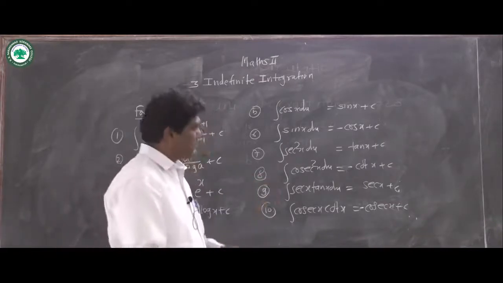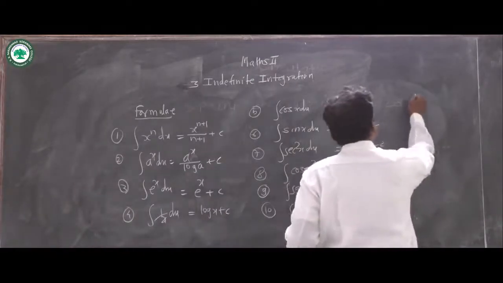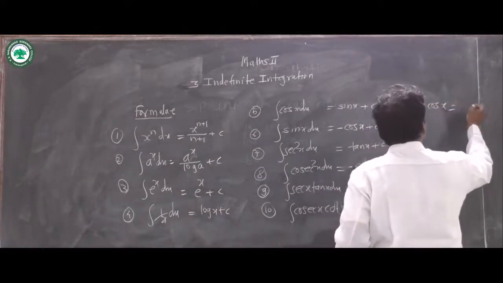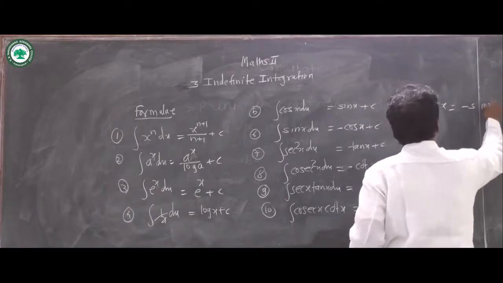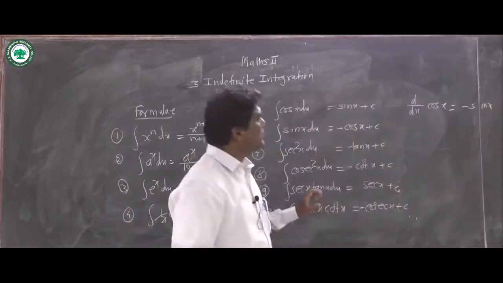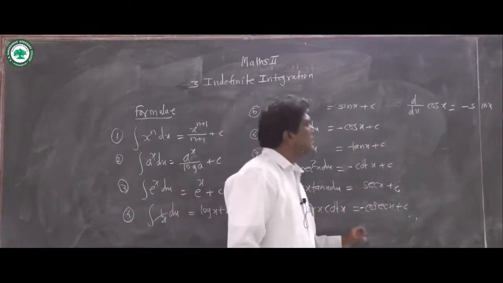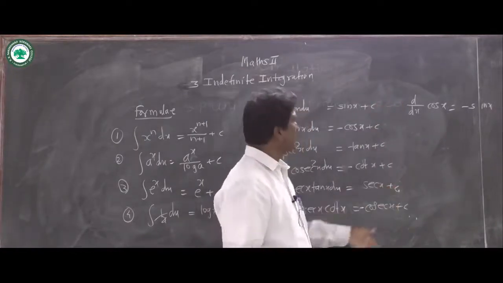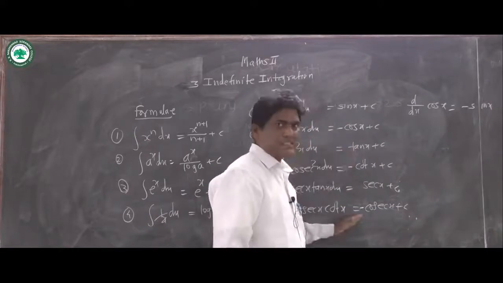And in derivatives, d by dx of cos x, derivative of cos x is minus sin x. How to remember this? In derivative, we see the questions, and in the integration, we see the answers.